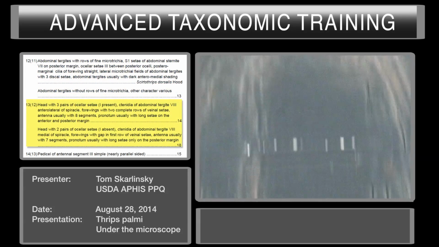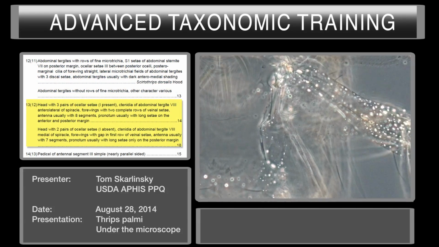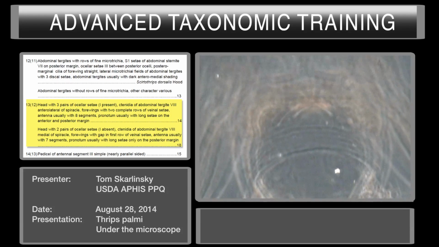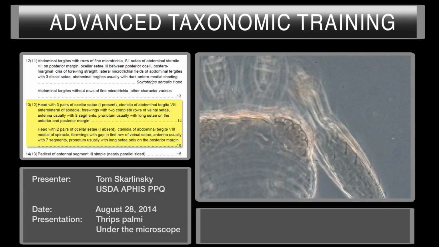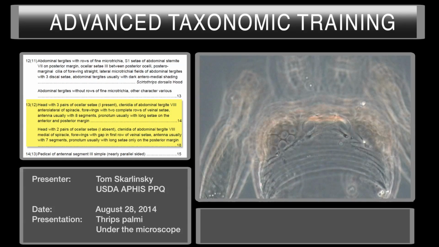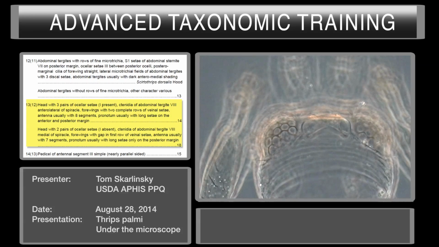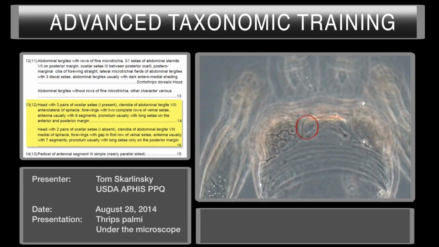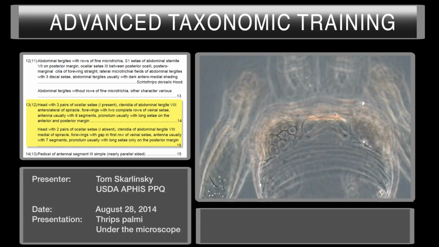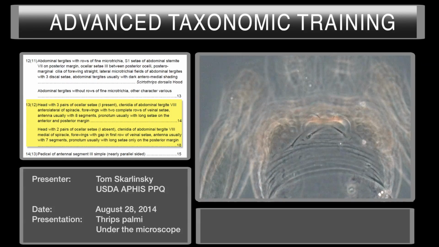And we want to look at the ocellar setae. Let me explain the ocellar setae. As the name suggests, they're in the region of the head where the ocelli are. These are the hind ocelli, and there's a single ocellus here, creating a triangle in this area.